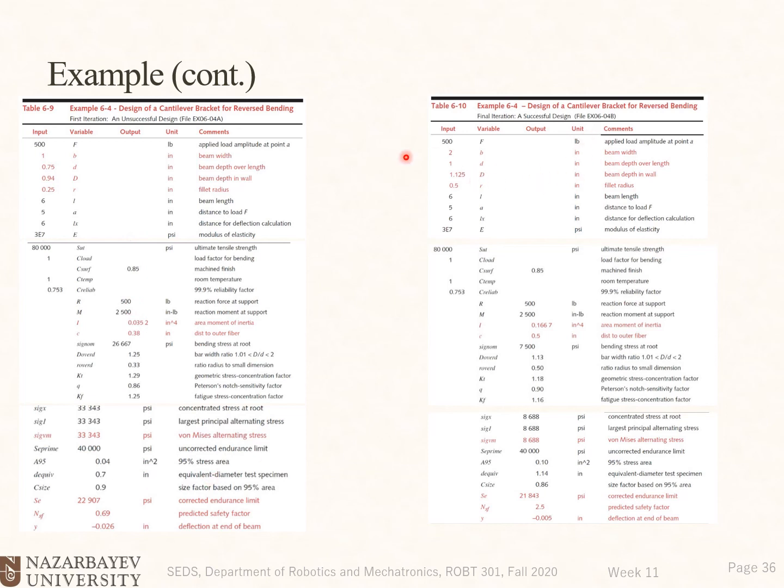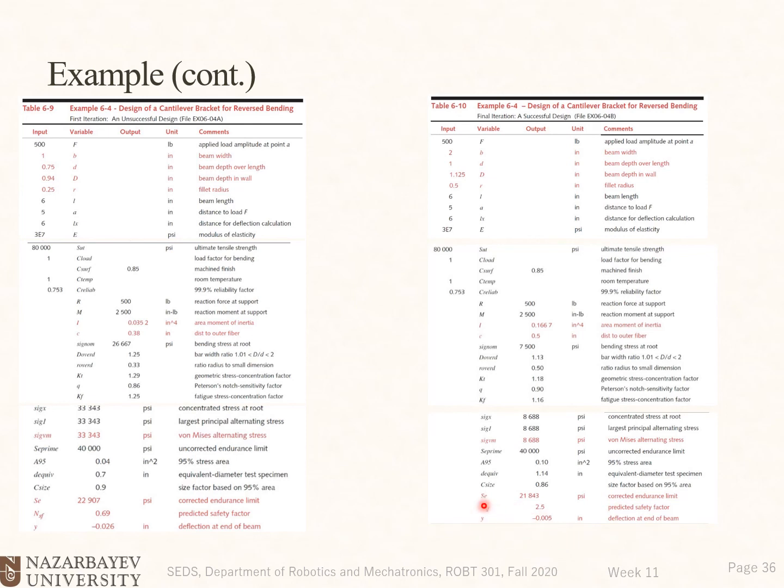Now we could go with a different geometry, and if we change those geometries and make them bigger, then we could have a safety factor of 2.5, which is desired, and a deflection which is less than 0.01, almost half of that.